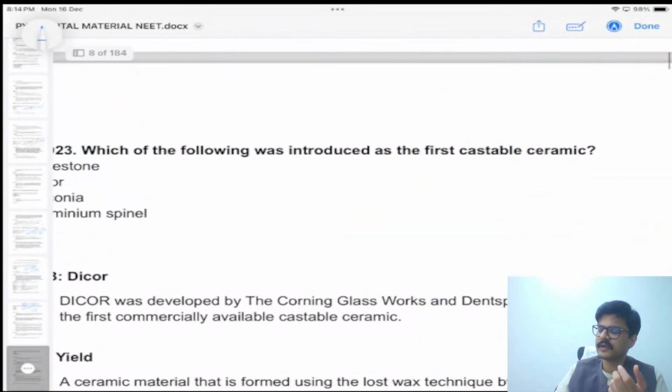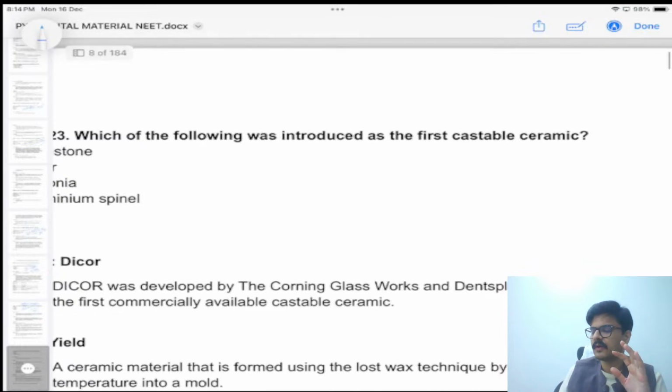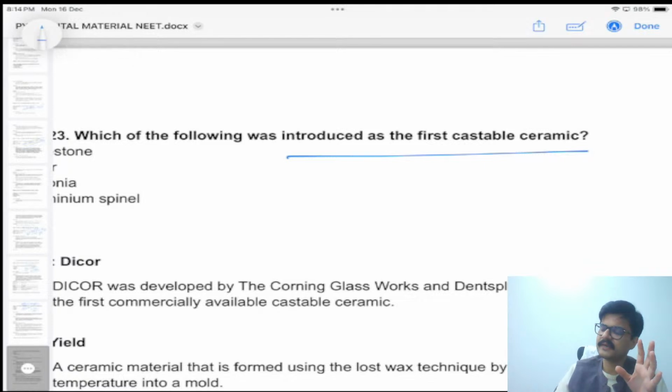Next question: which of the following, again, this is causing a lot of confusion within our students. Hi DBMCI students. First, the castable ceramic, guys, is Dicor, no doubt about that. It is a type of glass ceramic. What do we mean by glass ceramic?